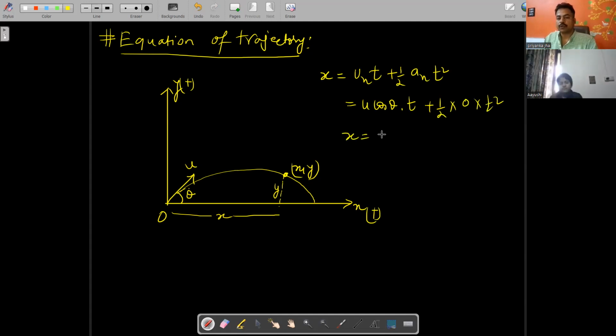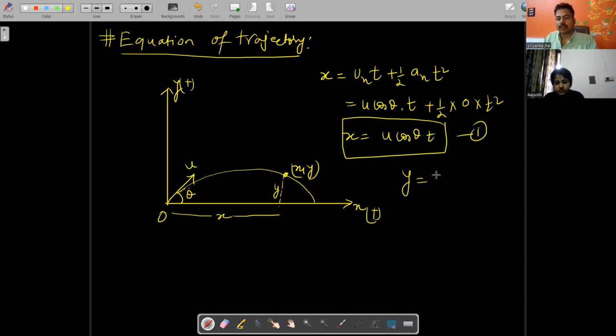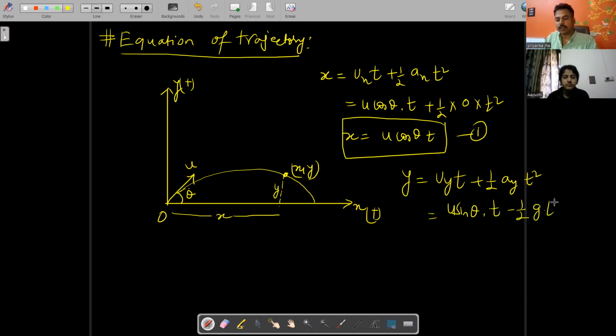So x would be u cos theta into t. First relation. Second relation for y: this is uy into t plus half ay into t square. The initial component of the velocity will be u sin theta into t minus half g t square. So we have two equations here.